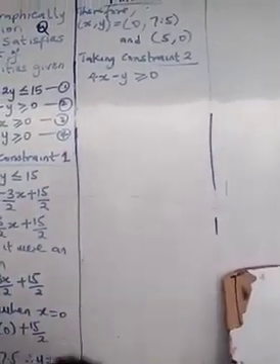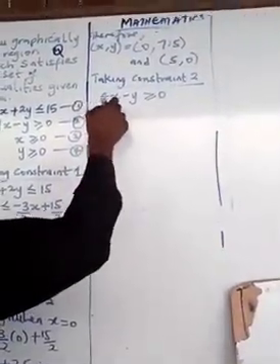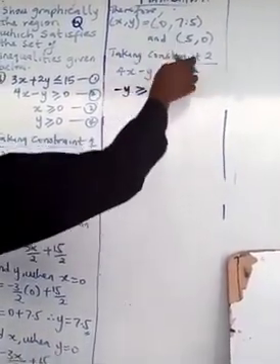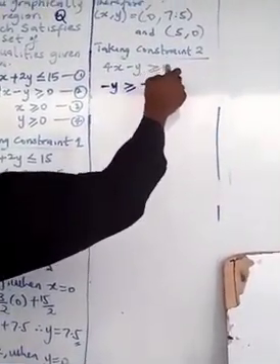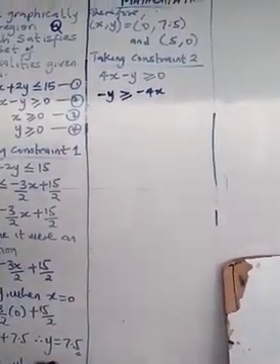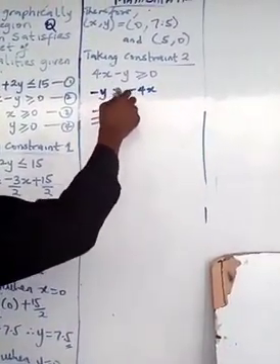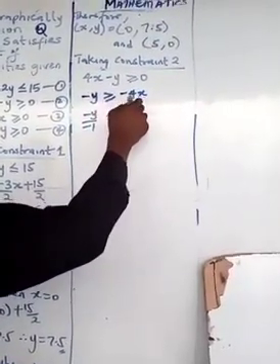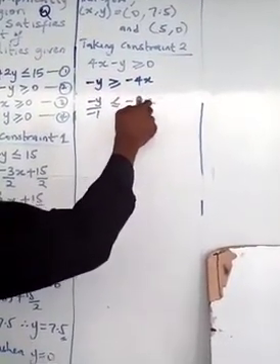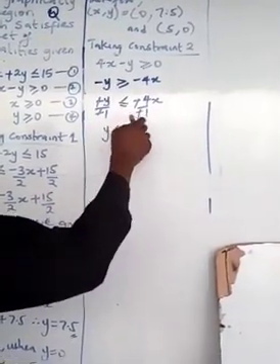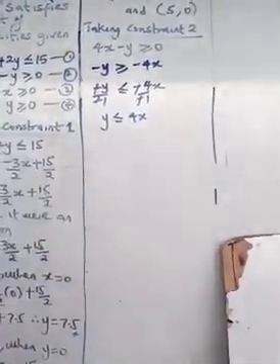So let's try and make y the subject. So we have minus y greater than or equals to minus 4x, this one goes to that side. Okay, this one is easy. If we divide both sides by minus 1, the sign will change to less than or equals to. So y is less than or equals to 4x.